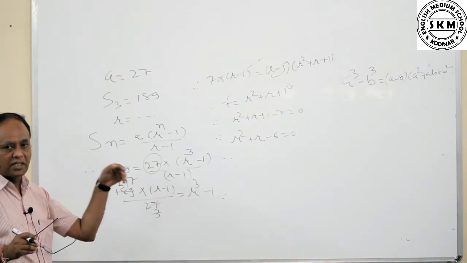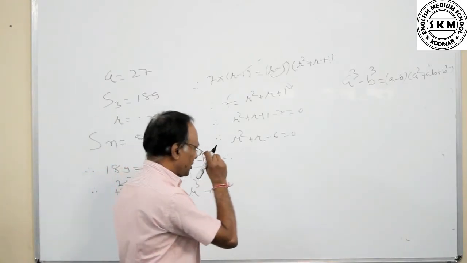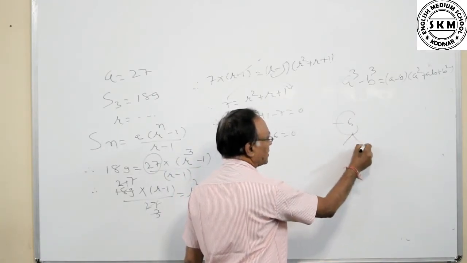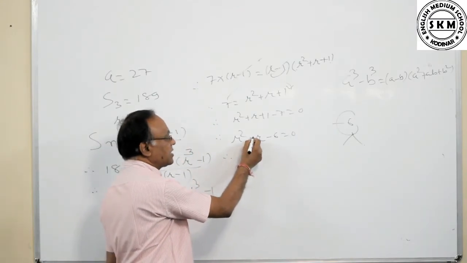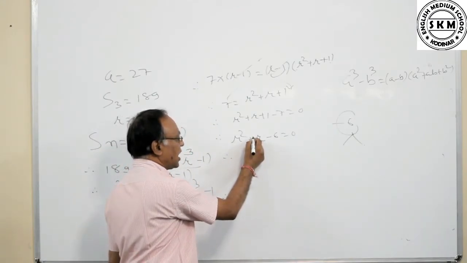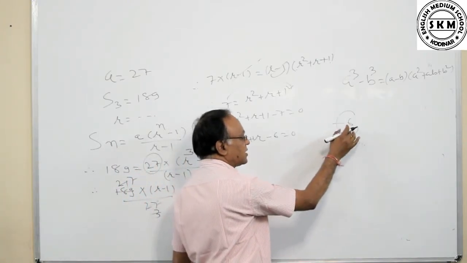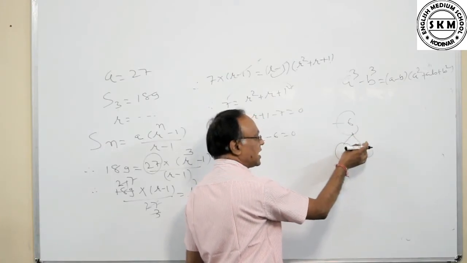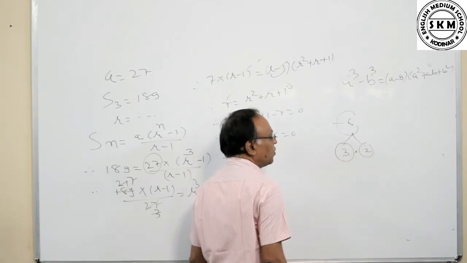Find the factors of minus 6 as two parts whose difference is the middle term. The factors of 6 are 6 and 1, or 3 and 2, so it is 3 multiplied by 2.